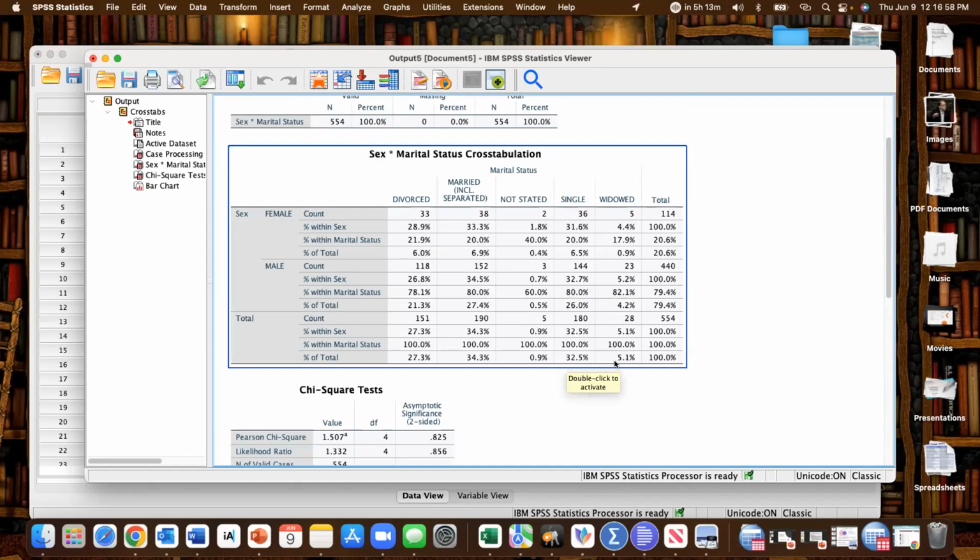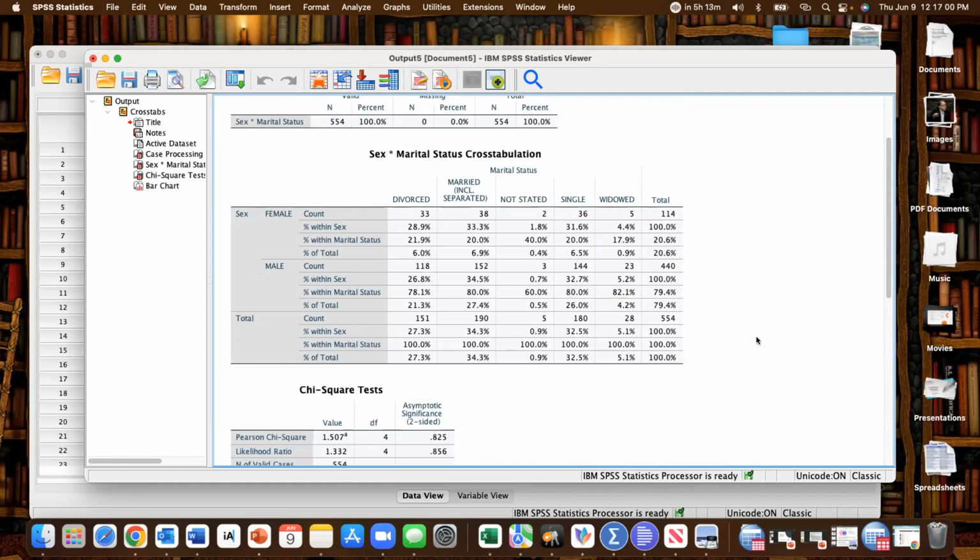So I'm going to give you all just a few minutes to look at this table. And what I would like you to do in the chat is put something that you recognize in this data that you feel is important.